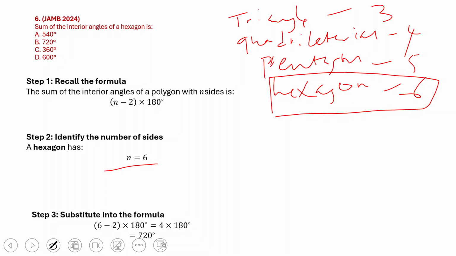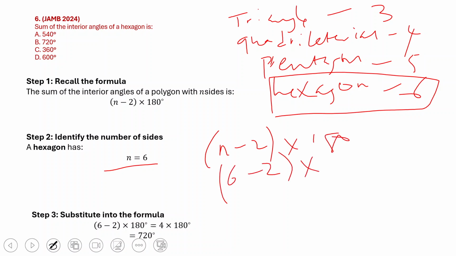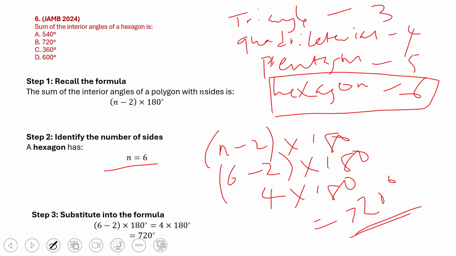Because n minus 2 times 180, where n is 6: 6 minus 2 is 4, times 180, and when you do the product, you have 720 degrees. So the answer is B. Okay, go to the next question.